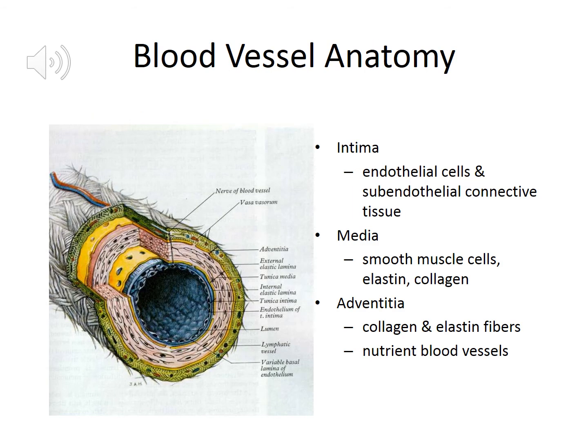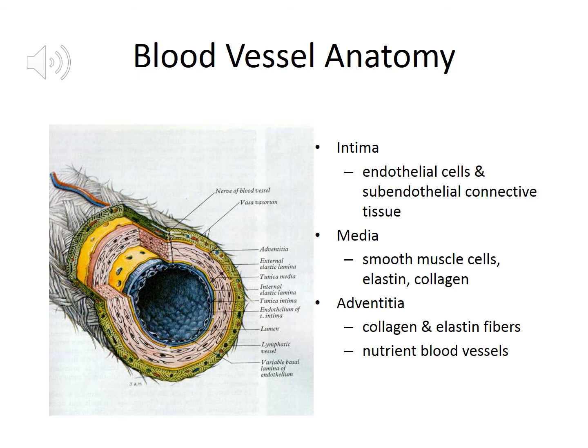It is important to note that all blood vessels, whether you're referring to arteries or veins, are comprised of 3 major layers. They are the innermost tunica intima, the middle tunica media, and the outermost tunica adventitia.